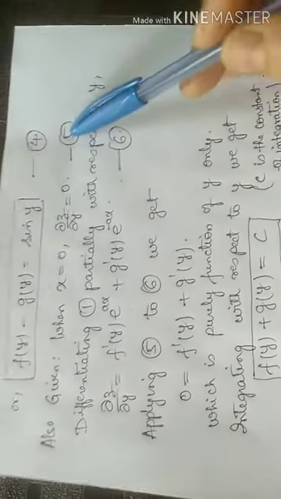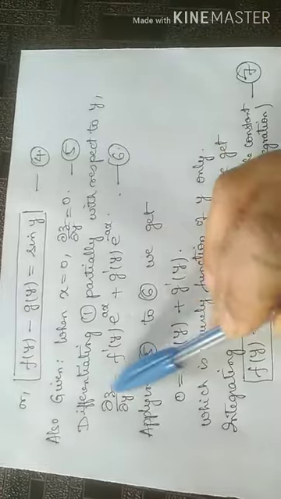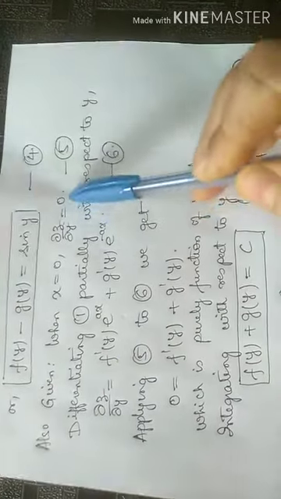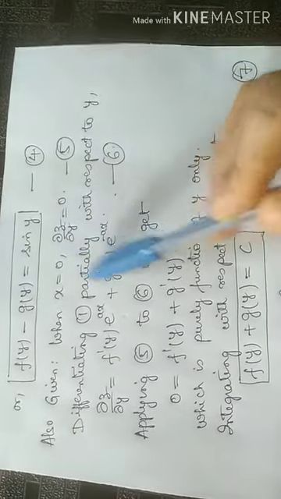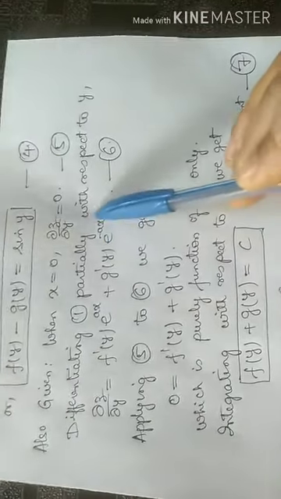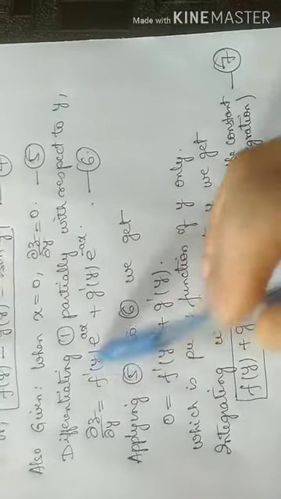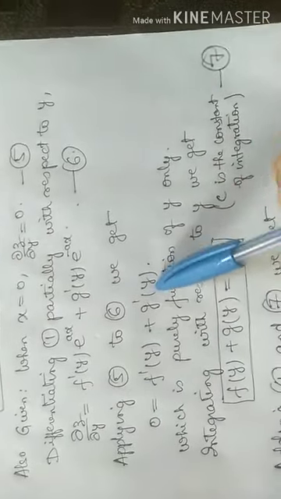Applying now this condition 5 to 6, in place of ∂z/∂y we write 0, and x is put as 0, so this becomes 1 and this becomes 1. So 0 = f′(y) + g′(y).